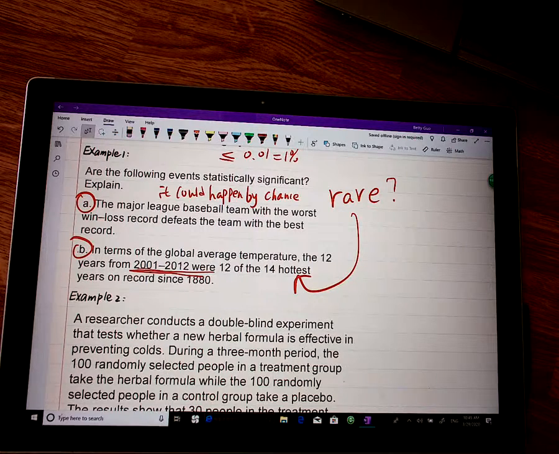I would say that is statistically significant because that is rare. You might feel like, how could that be rare? But if you put the thing in the history of human beings, thousands of years of history, that is rare. Since 1880, we consider the 14 hottest years, and 12 of them happen between 2001 and 2012. In the bigger picture, it is rare.